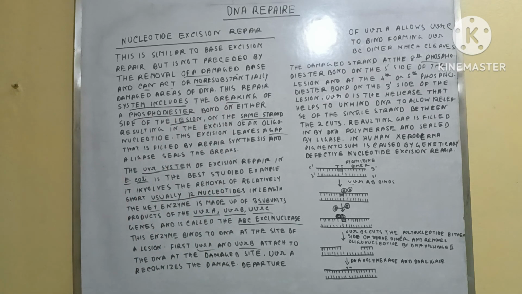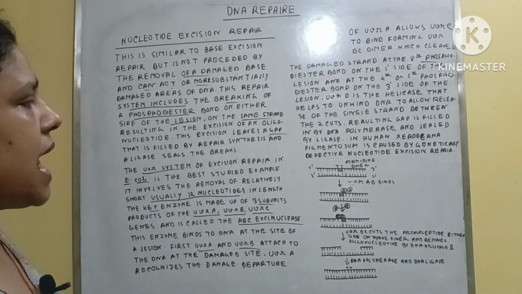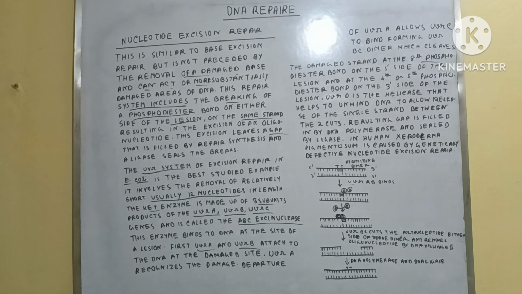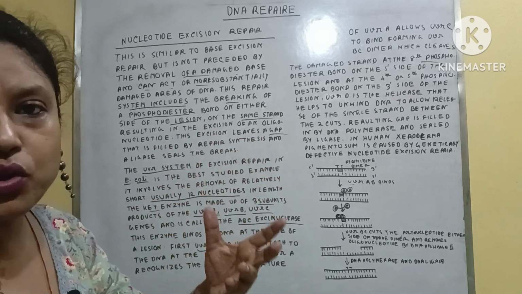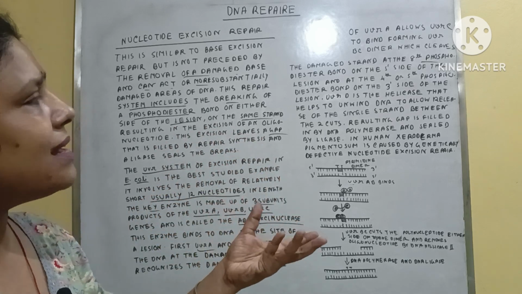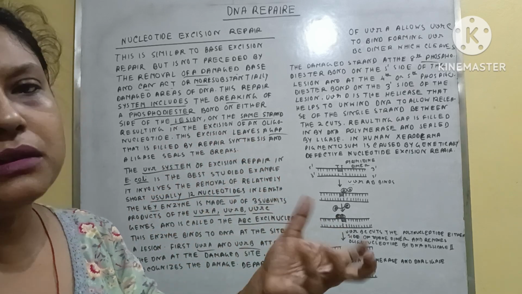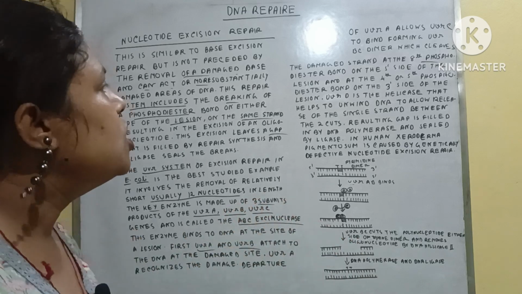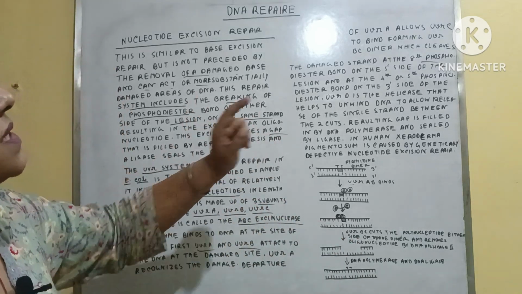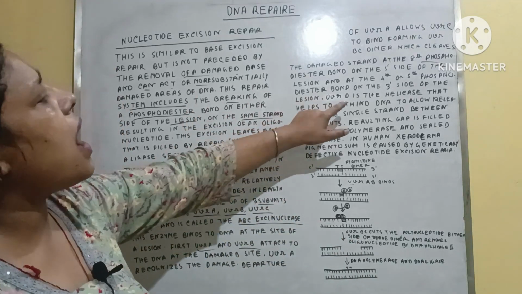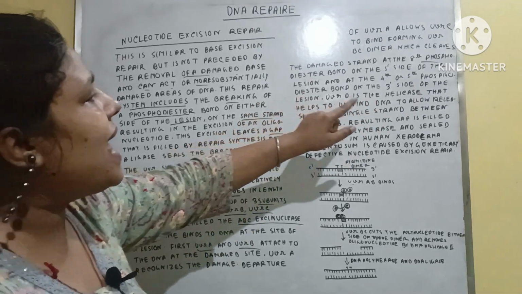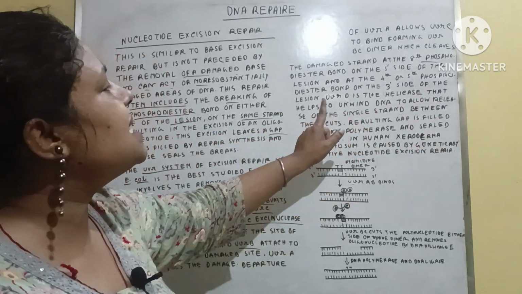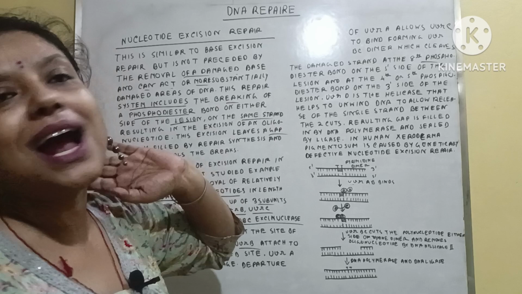Now UVR D. What is the function of this UVR D? This is the helicase, and what is the function of the helicase? You all know that it helps to unwind the DNA double helix. So UVR D, the helicase, helps to unwind the DNA to allow release of the single strand between the two cuts.